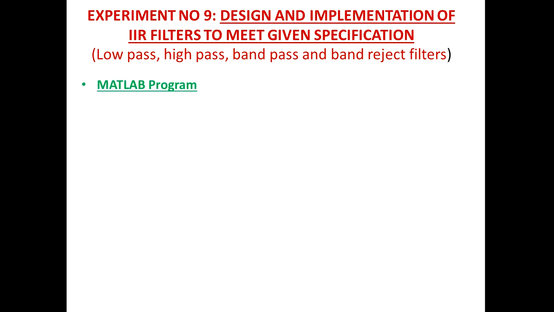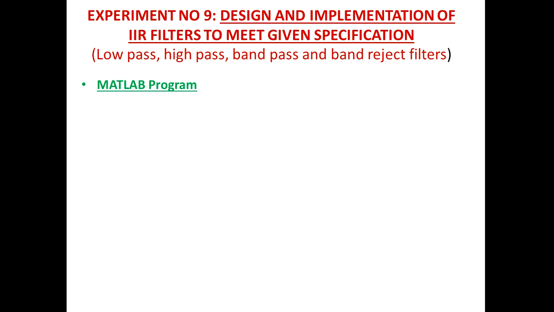First, we are writing the MATLAB program for the Butterworth low pass filter. In this program, first we have to enter the filter specification, that is pass band and stop band attenuation in dB and stop band and pass band edge frequency in Hertz. Then we are obtaining the order and the cutoff frequency.